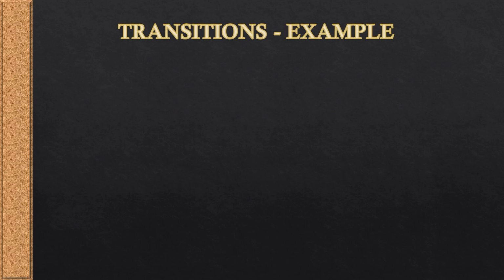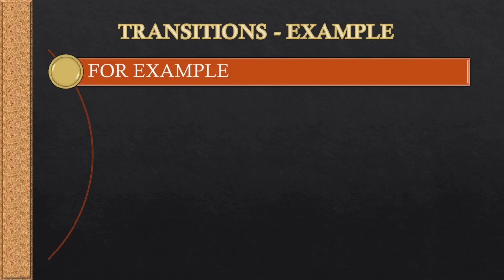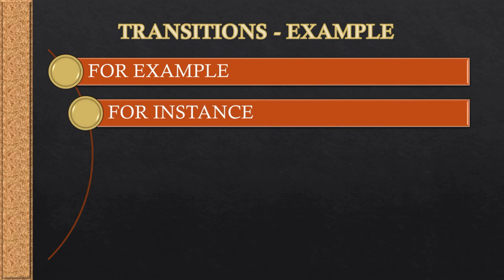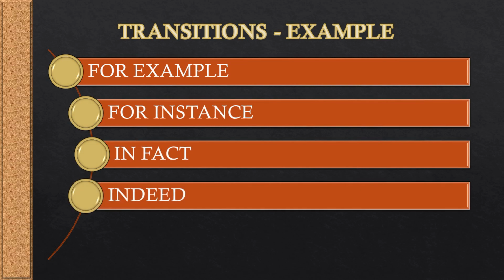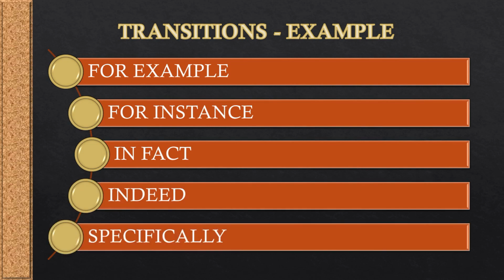When we look at transition words that are used for examples, we use the word for example, for instance, in fact, indeed, and specifically. Imagine how well your speech can be by just simply adding these words in between your main points, and you can provide excellent transition and continue the audience attention.